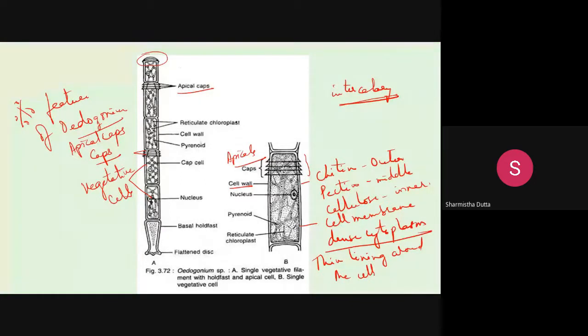So surrounding the cell membrane, it forms a thin lining which encloses the nucleus. And this thin lining is called dash. Primordial utricle. Very good. It is called primordial utricle.